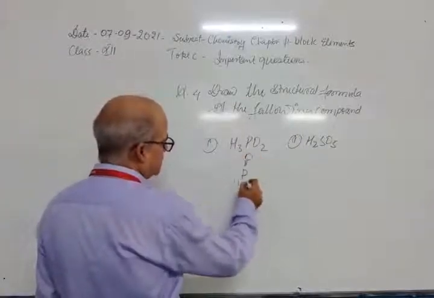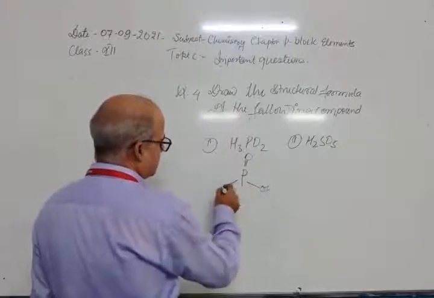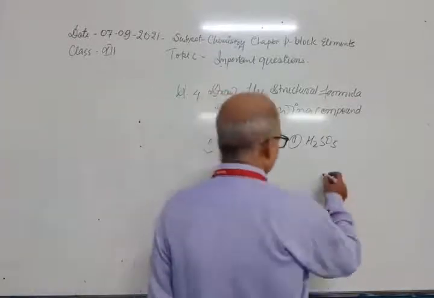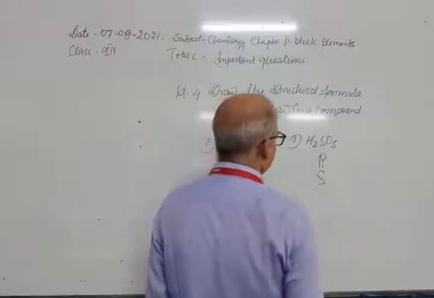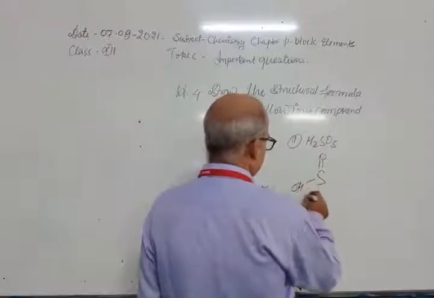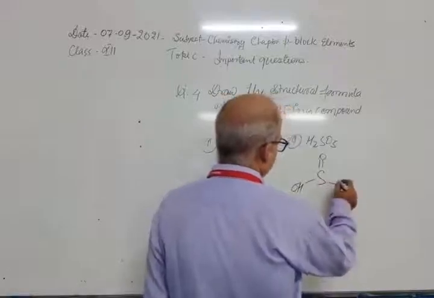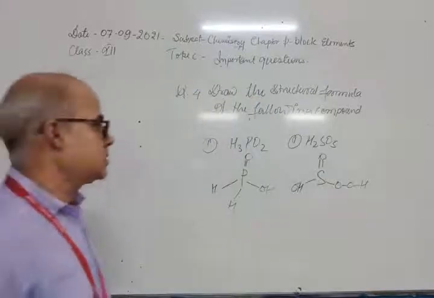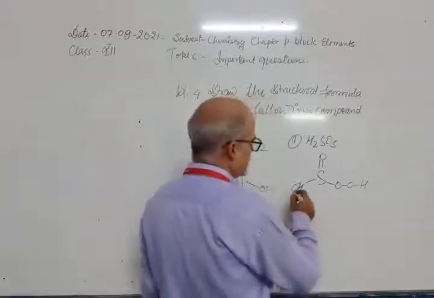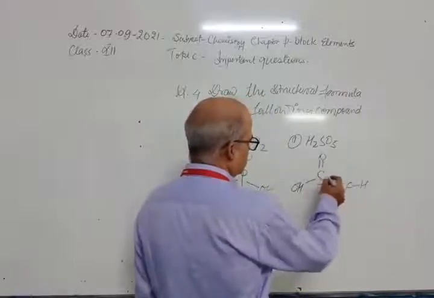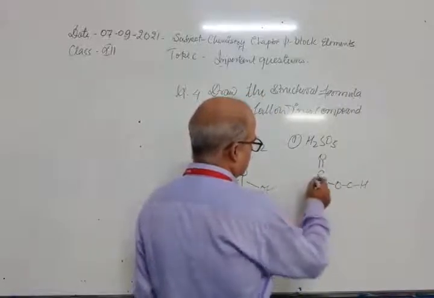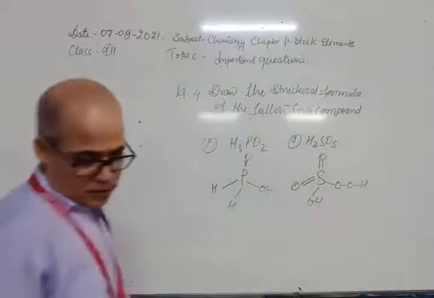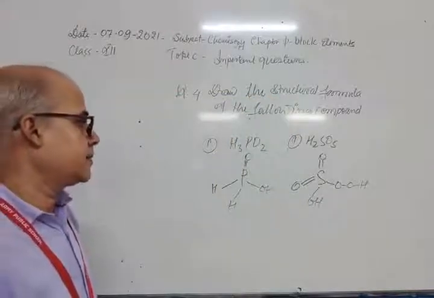This one is the compulsory structure, this one is the next, and this is H and this is H. Now in case of this one, this is the compulsory structure, this is OH, and here is O-H, okay. How many oxygen is consumed? 1 2 3 4, one is remaining, okay. And here will be O and here will be OH, okay. This is the structure.